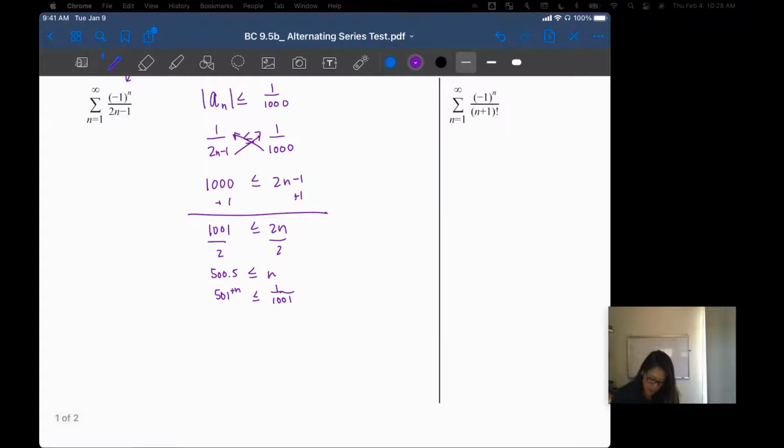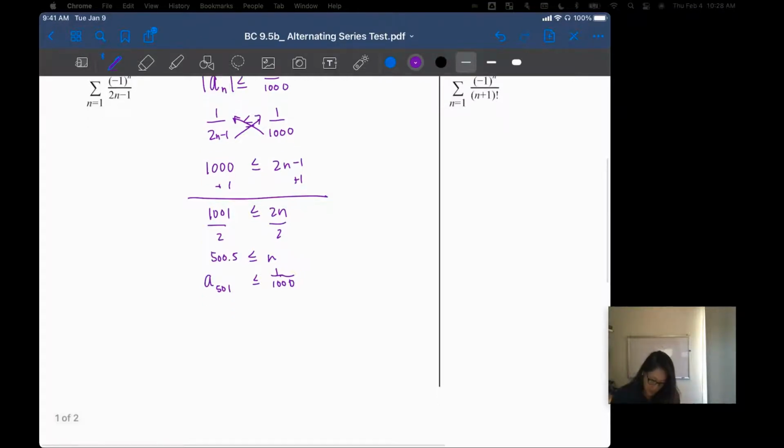So we should write it like this: a sub 501 is the first term that will give me an error less than or equal to 1 over 1,000. So S sub 500 is how many terms we need to add so that the next term would be an error less than or equal to 1/1000.